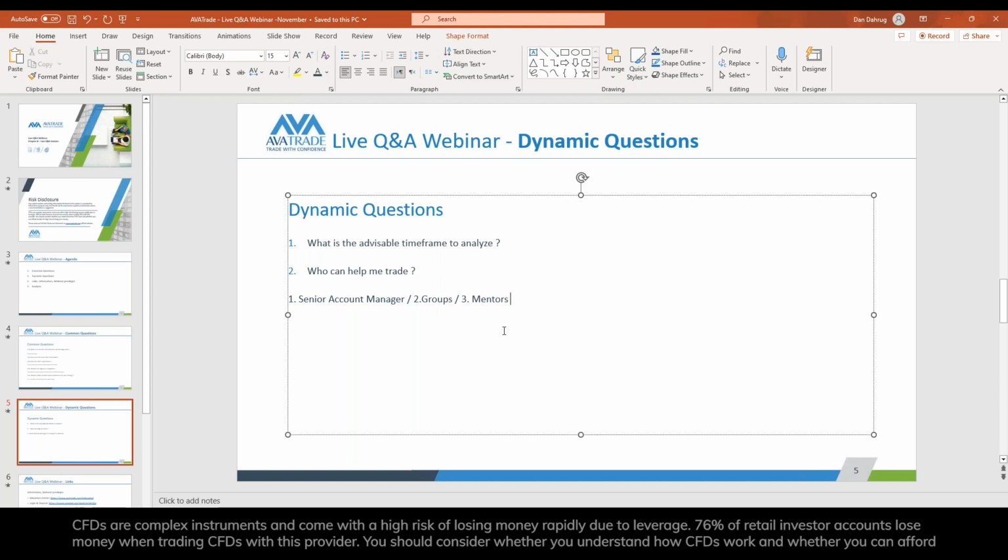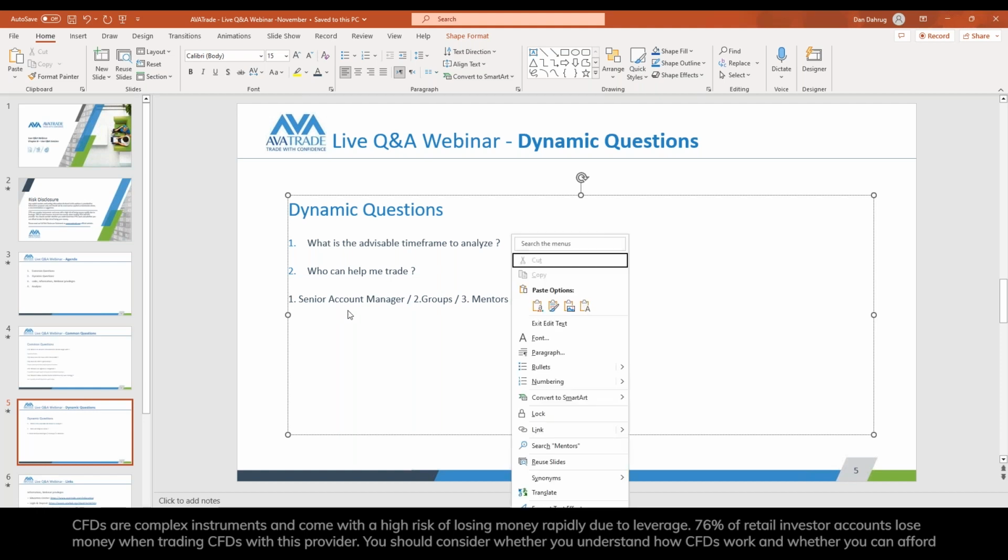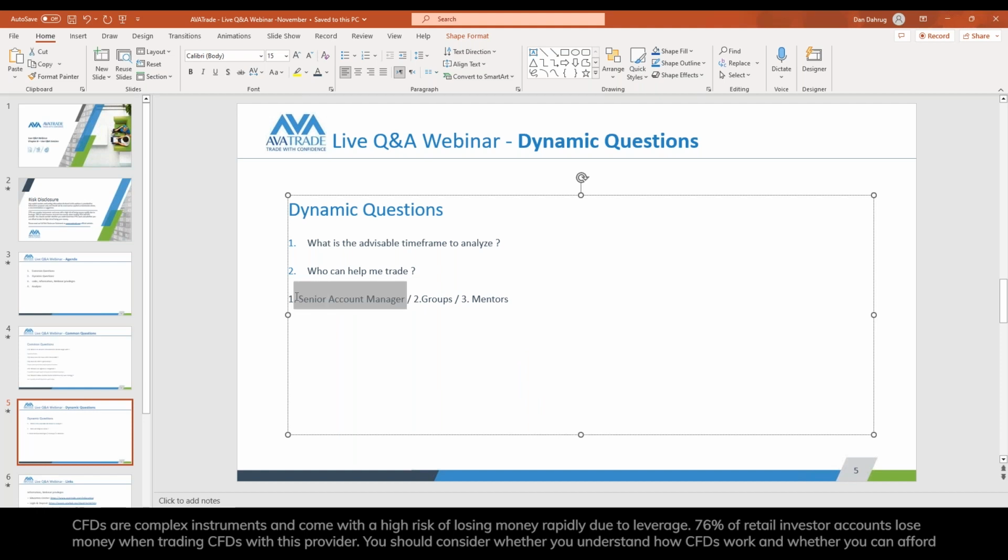I don't want to say anything too bad, but sometimes things look a bit too pretty, so you need to be careful. But I'm sure that you can find good people to associate with, and you can find a good mentor. And like I said, even if you can't, you still have the ground base. You still have the senior account manager, okay? And we will do our best to help our clients all the time, okay? Free of charge.